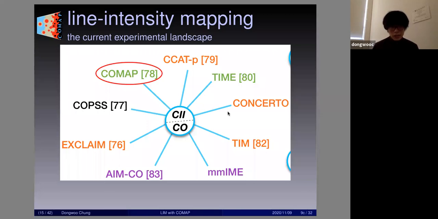mmIME is another initiative that's almost a spiritual successor. It's looking at all kinds of different CO lines through things like ALMA and SMA, and I think VLA as well eventually. I know SMA observations have been made for those.